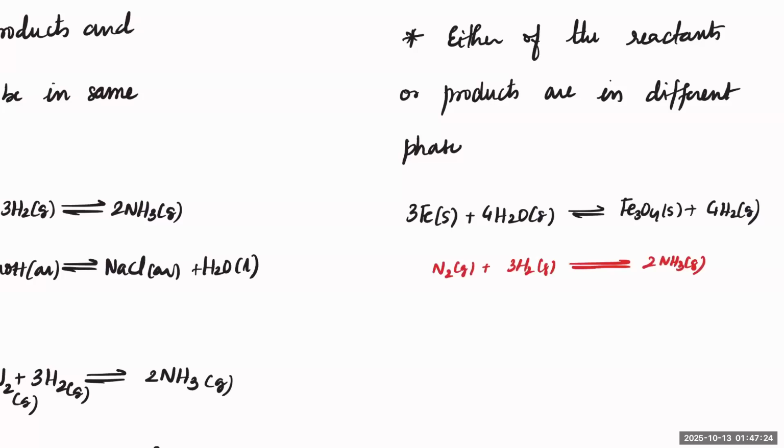Here it looks like this is gas and gas, but this reaction is very well driven in the presence of solid iron. If a solid mesh of iron is taken as a surface on which nitrogen and hydrogen gases meet to form ammonia, then there is a difference in phase. Here iron is in the solid phase, while hydrogen and nitrogen are in the gaseous phase. So if there is any phase difference, that means it is heterogeneous equilibrium. Got it?